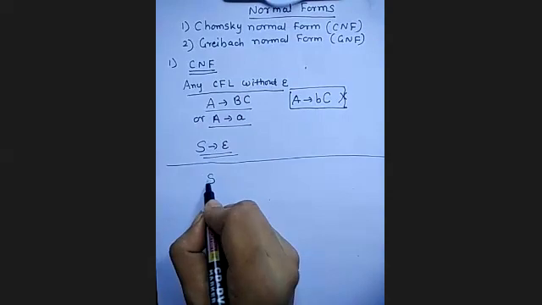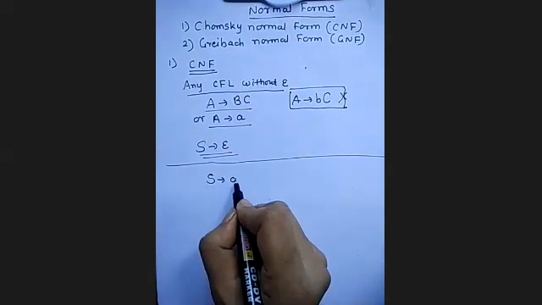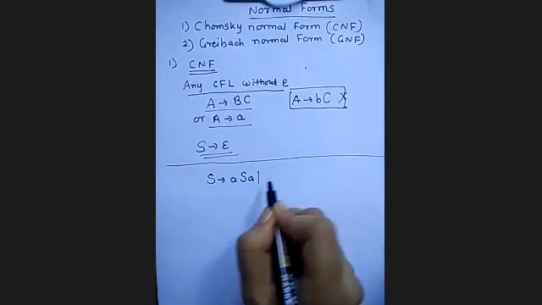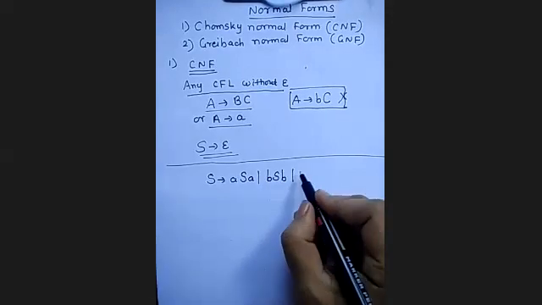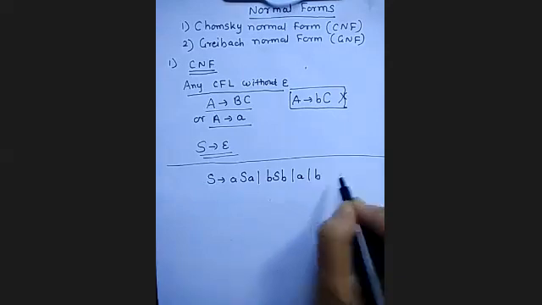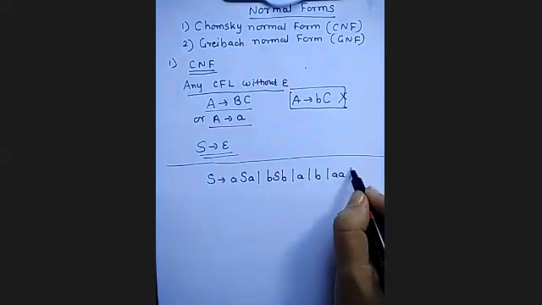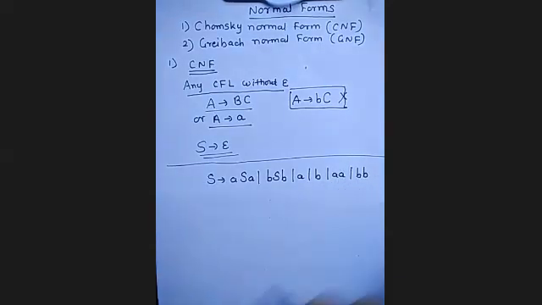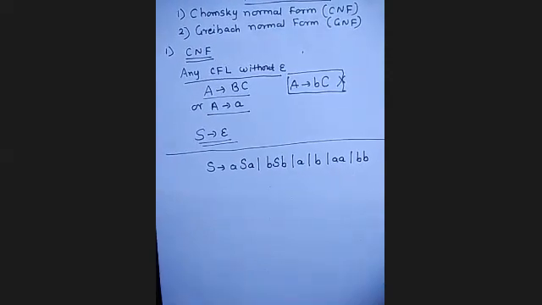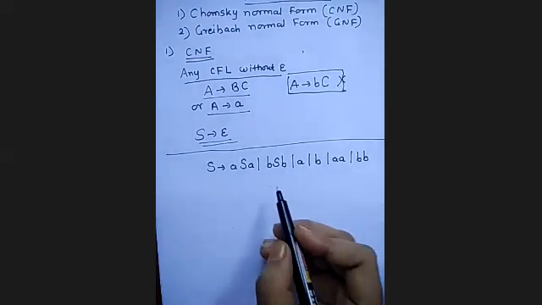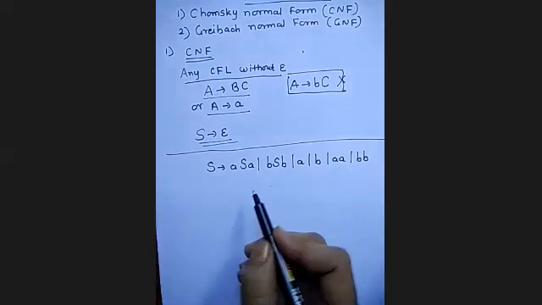Let the question be S gives ASA or BSB or A or B or AA or BB. First we check whether there is any epsilon production. If any epsilon is there, then first you have to remove the epsilon. Epsilon is not there.